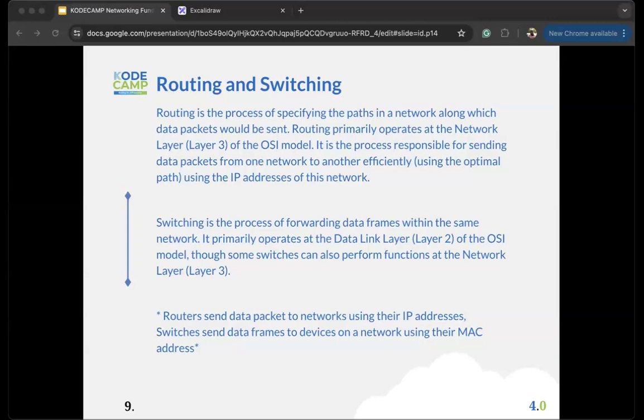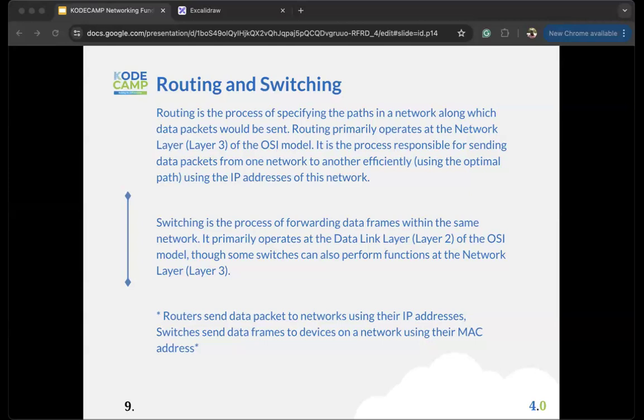Switching, on the other hand, within a network, is a process of forwarding data to specific devices on the network. This one works with the MAC address of different components of the network. So switching is the process of forwarding data frames within the same network.